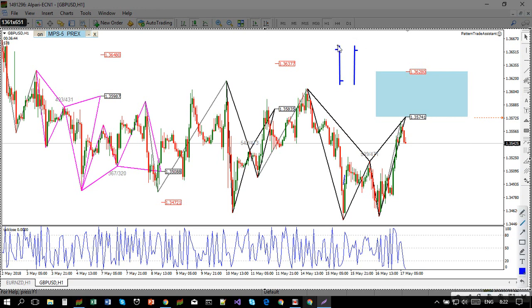If the open is here, you may have a trending day. It is called a trending day pattern, a continuation pattern if you had that previous trend.